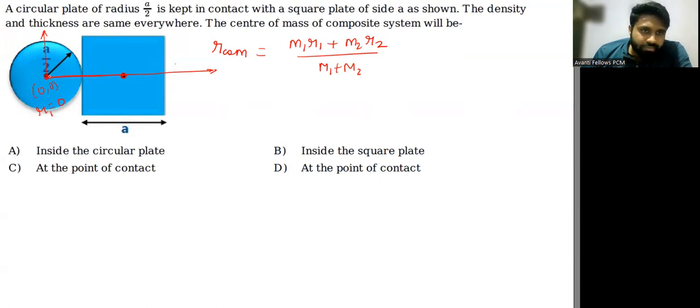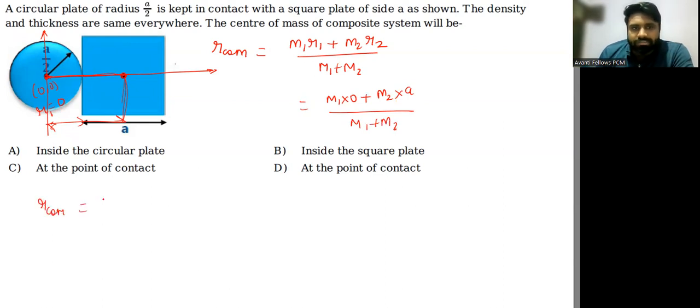So this distance is a by 2, which is the radius, plus this distance is also a by 2, half of this. So a by 2 plus a by 2 will become a. Okay. So we will put the value m1 into 0 plus m2 into a divided by m1 plus m2. Now, our center of mass is nothing but m2 into a divided by m1 plus m2.